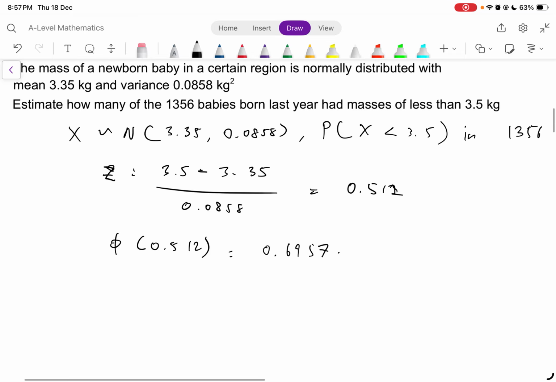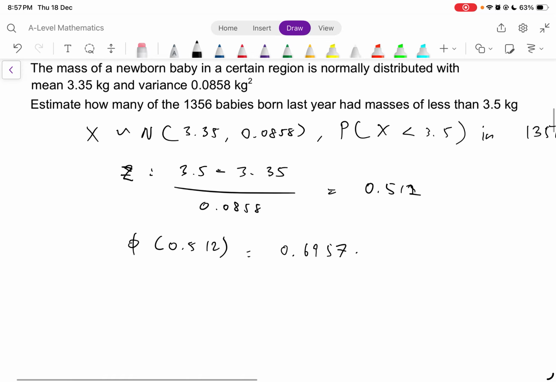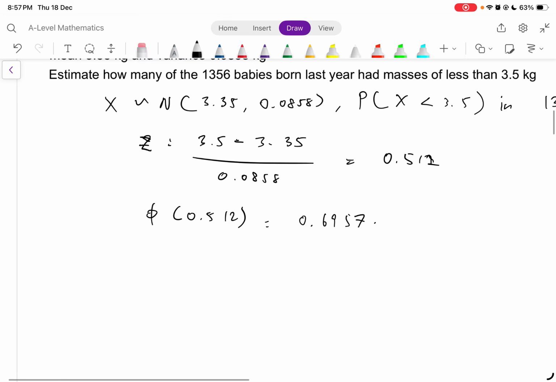So this is basically looking around the table lah. Now, 这个是我们的 probability of x lower than 3.5. But they're asking so that it's 1,356. 所以我们就是拿 0.6957 times 我们的1356，就等于93.362.